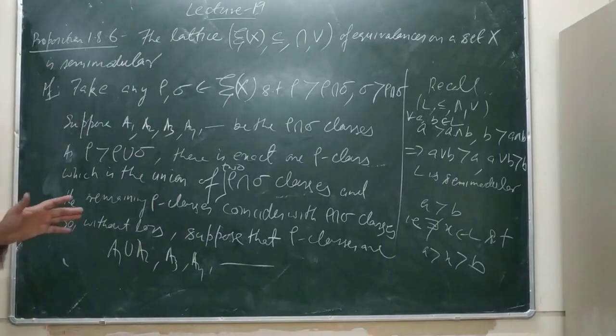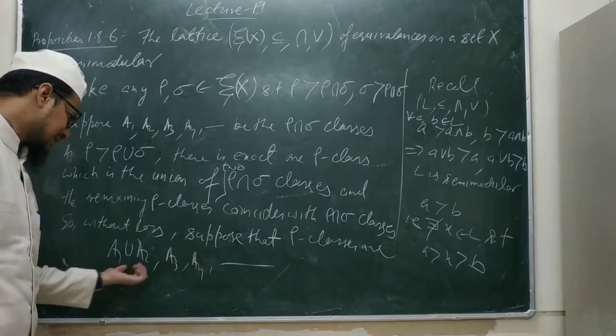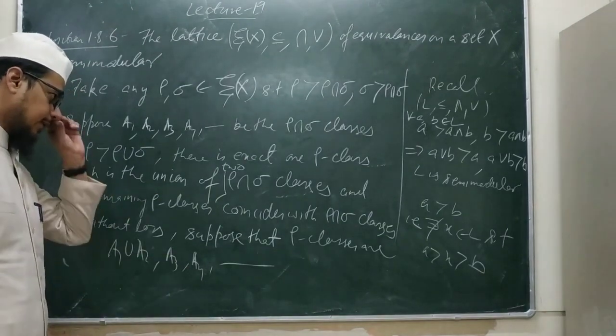Now please understand how I have written rho classes like this: A1 union A2, A3, A4.